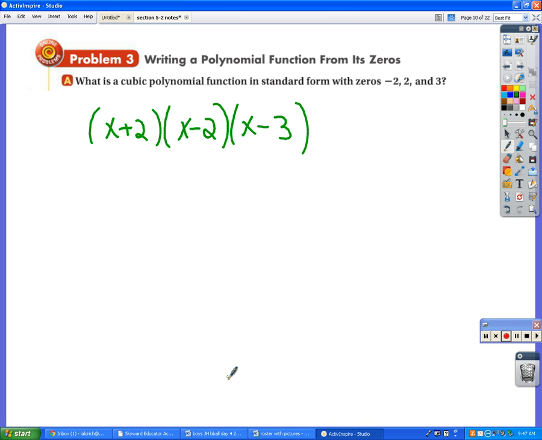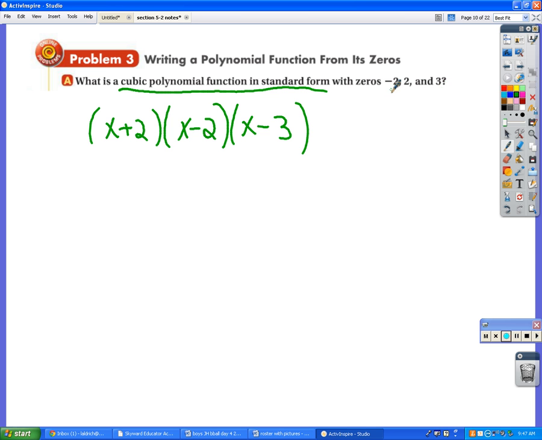Because it says write a cubic polynomial function in standard form, so I need to FOIL this out. Yeah, but we're going backwards. Right. So what we did before was we started with this, and then we came up with this as the answer.